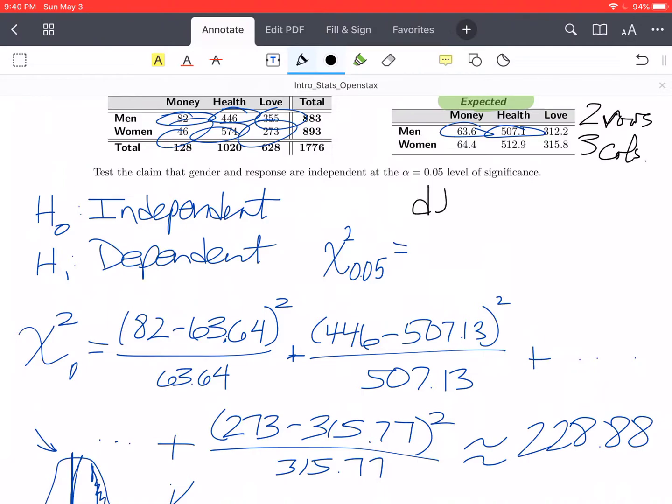So the degrees of freedom are going to be number of rows minus 1 times number of columns minus 1, which is 1 times 2, which is 2. That's going to give us our degrees of freedom, which in this case is 2. So if we go back to that table with the degrees of freedom and with our corresponding alpha value here, we can go ahead and get that this value would be 5.991.